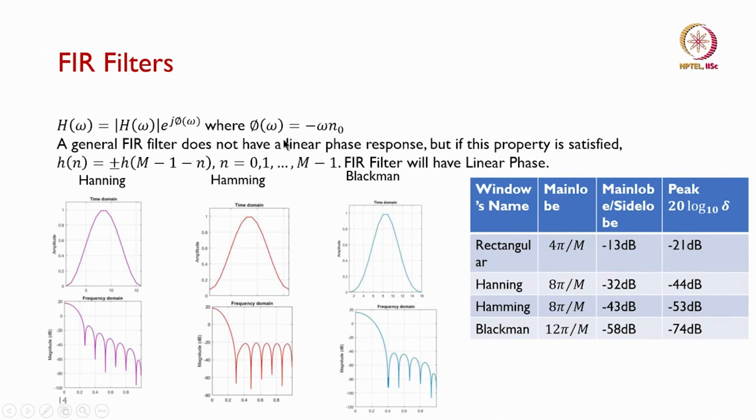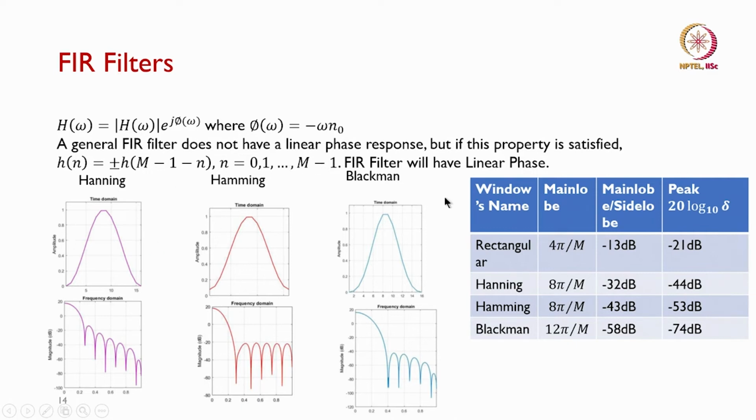We achieve this linear phase when we consider symmetric coefficients, that is h of n is plus or minus h of M minus 1 minus n, with n going from 0 to M minus 1, where M is the order of the filter.